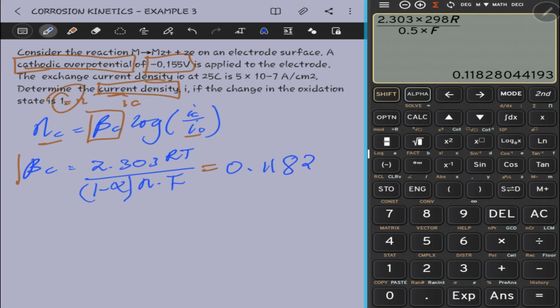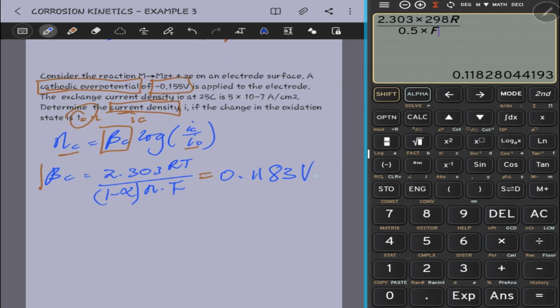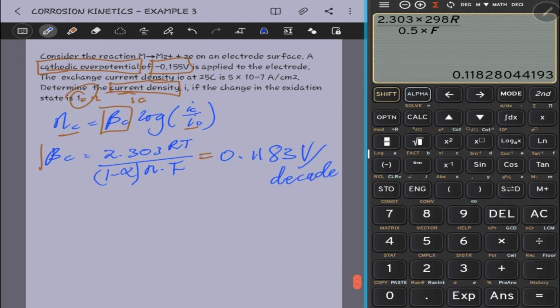That gives us 0.1183 volts per decade. So that's what we have for this. Now we have everything we need to find the cathodic current density.